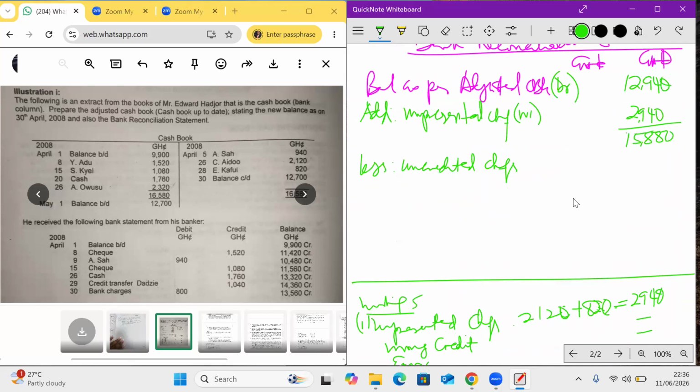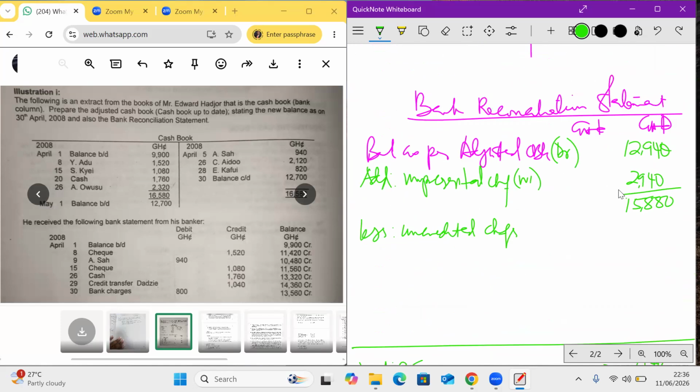If you want us to also write it this way too, we can write it that way. Let me say it this way. Let's say unpresented checks. We have 2940. Then wrong credits: zero. Error: zero.